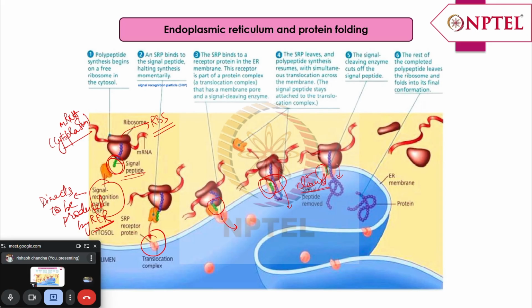After cleaving, the protein goes inside, where certain chaperone molecules are present. Chaperone molecules assist in the folding of the protein. Once the protein gets folded, it achieves its final conformation that will lead its way to the Golgi bodies.